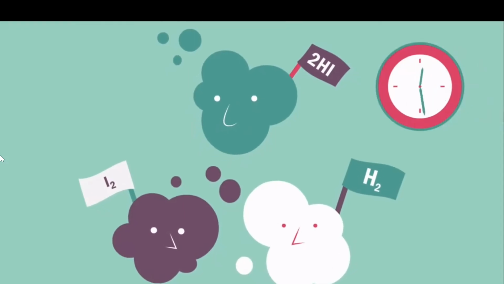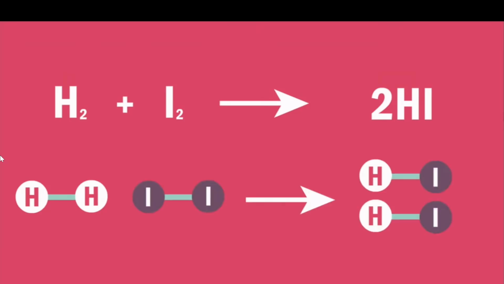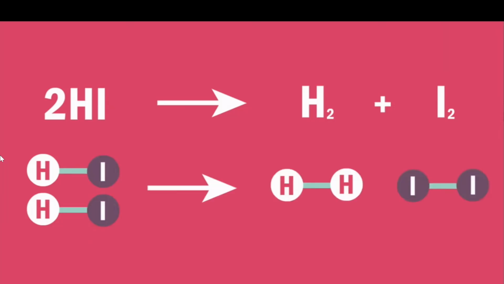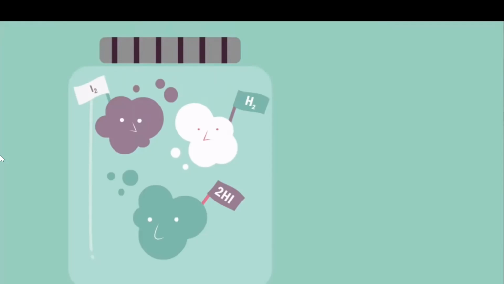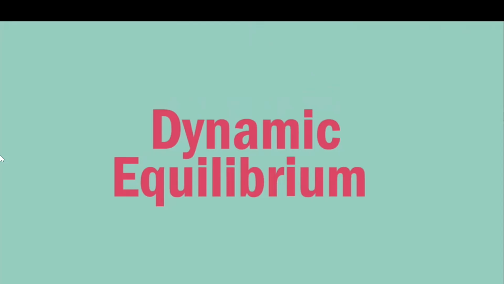Over time, the concentrations of hydrogen, iodine, and hydrogen iodide remain constant. So what is happening here? The reaction of hydrogen and iodine to produce hydrogen iodide is occurring at the same rate as the decomposition of hydrogen iodide to hydrogen and iodine. So there are no observable changes, although both the forward and reverse reactions are occurring. This reaction has not stopped, but rather has reached dynamic equilibrium.